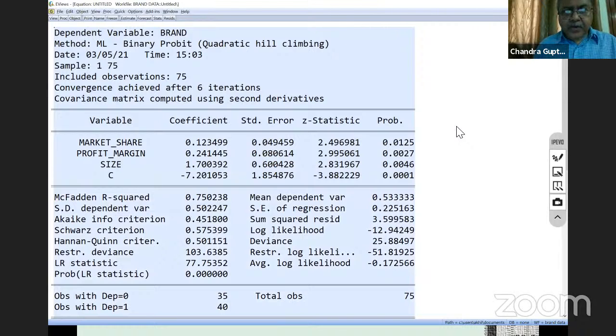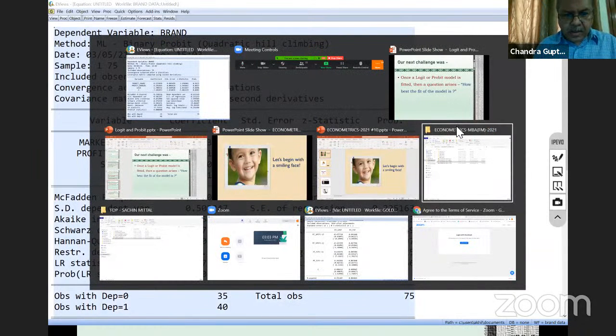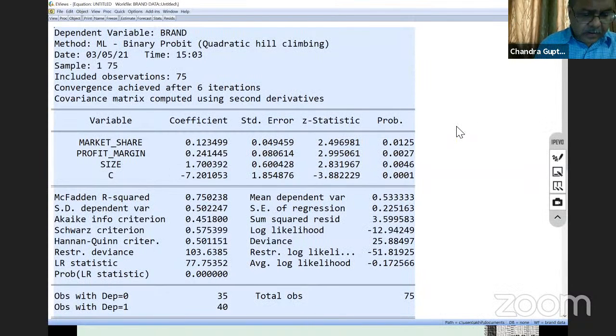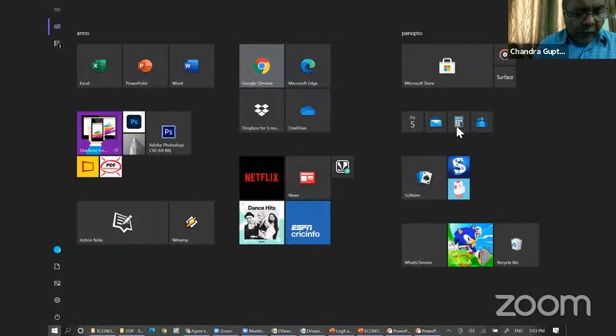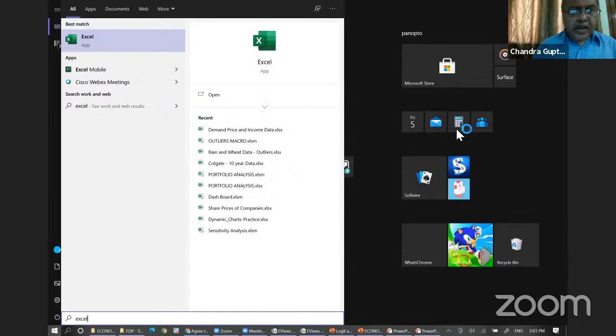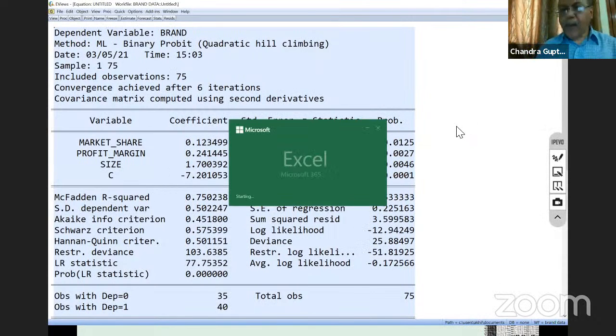Now suppose I want to find out the probability of a particular observation, then let's see how we get that. I take it to Excel and paste this output in Excel, and then you can calculate the probability.